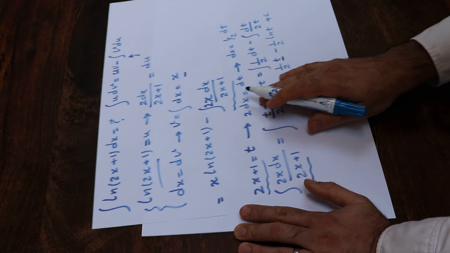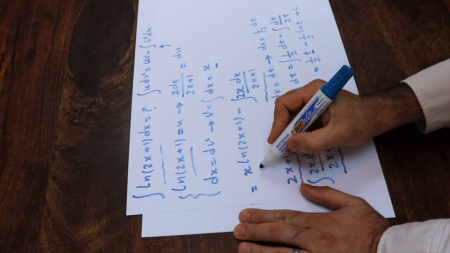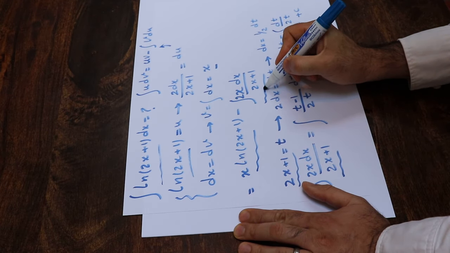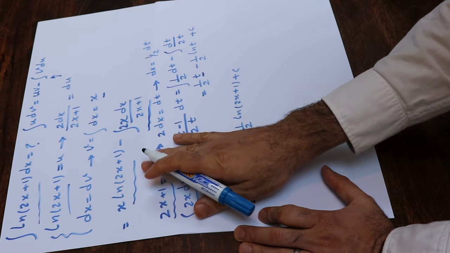Now, the original integral was this one. Its solution is equal to this term minus the integral of this one, and the integral of this term we already calculated.